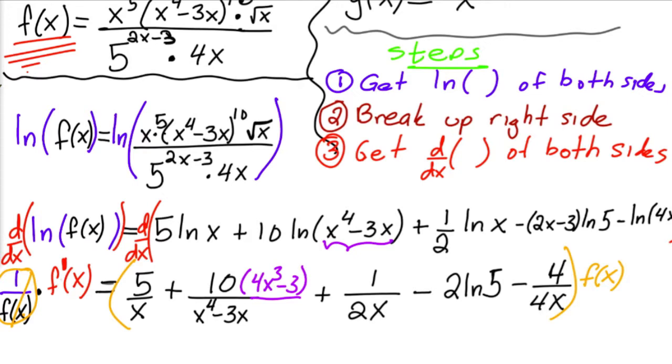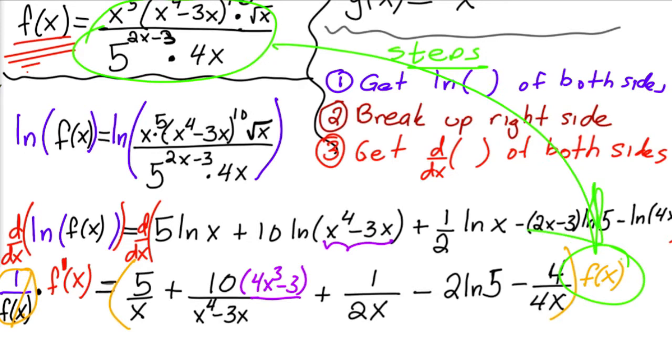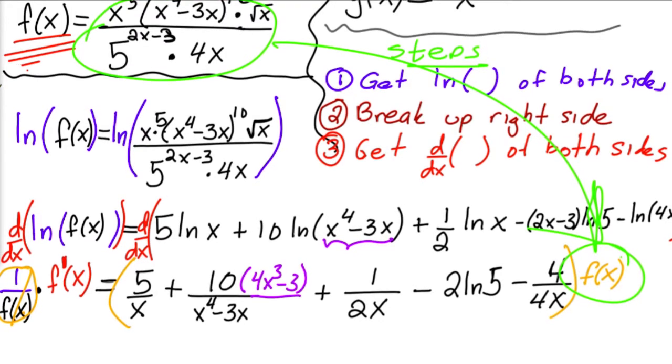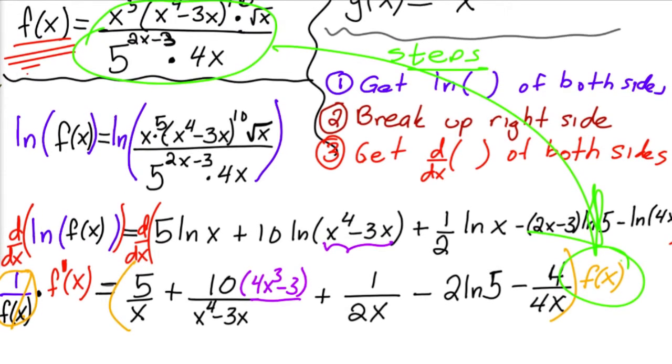So the derivative of this function is all this stuff that I have inside of here times f of x, which is simply the original function that I had up here. And I'm gonna spare you writing the whole thing down, but this whole thing would go right there. And that's the derivative. So that's the process of logarithmic differentiation.